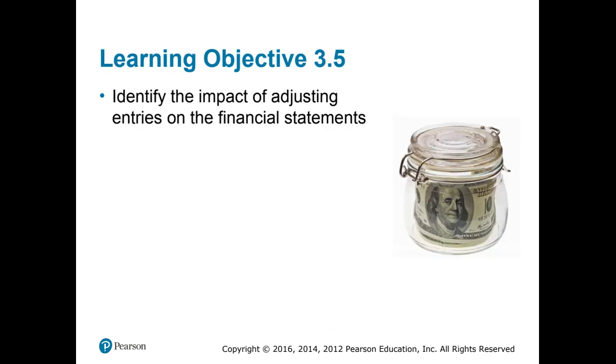So we're going to identify the impact of adjusting entries on our financial statements, because we just said that we create our financial statements from our adjusted trial balance, and our adjusted trial balance is based off of our adjustments. So we're going to look at the impact of these adjustments and how they impact our financial statements.